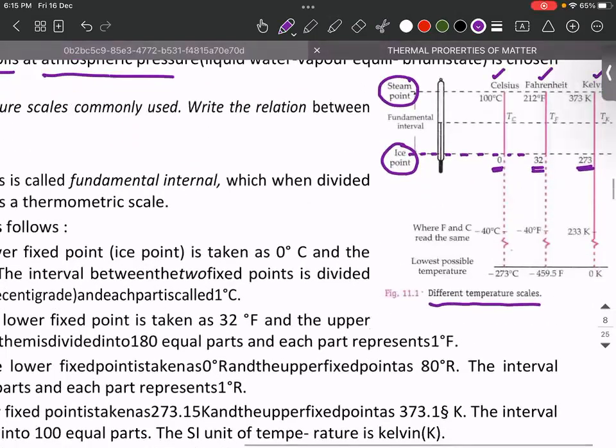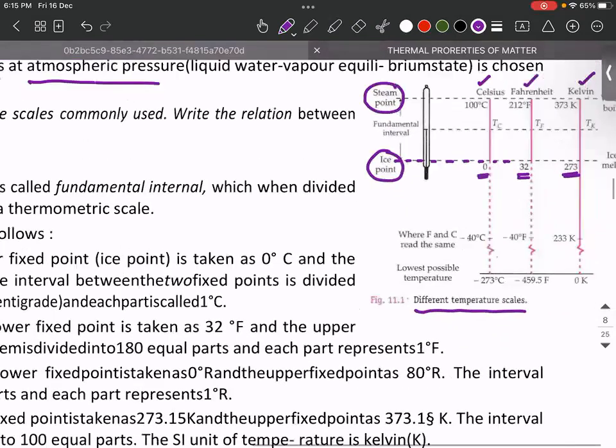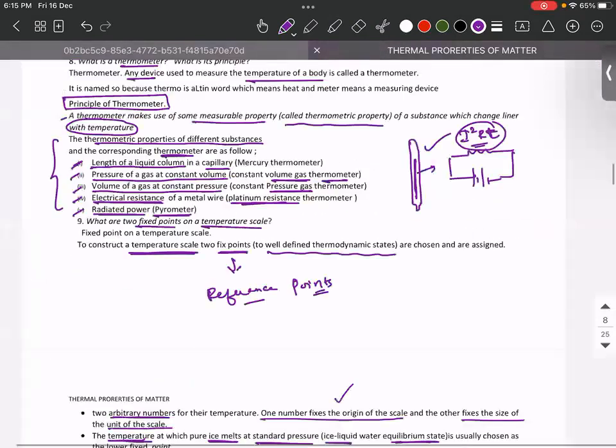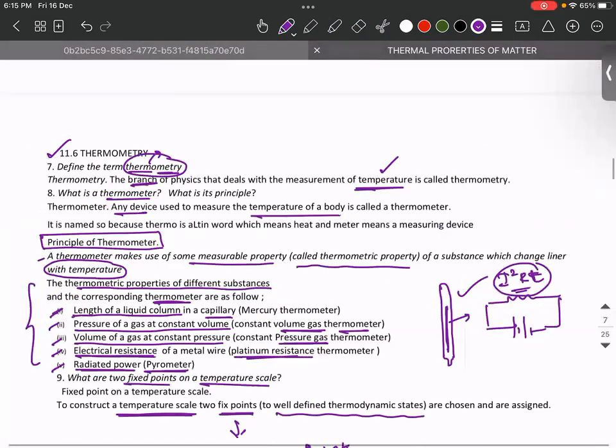Okay. Now see. And what is the important point you need to have in mind? What is the principle I told you? The measurable property called as the thermometric property will change in what fashion? Will change linearly with temperature.